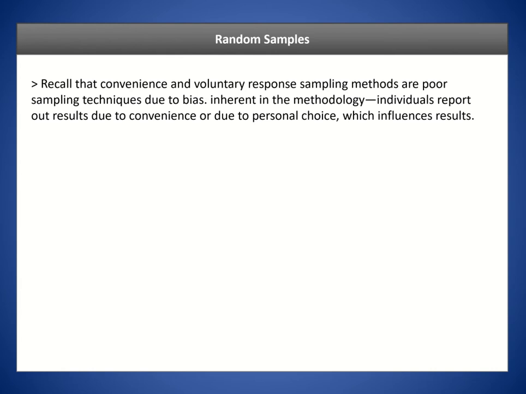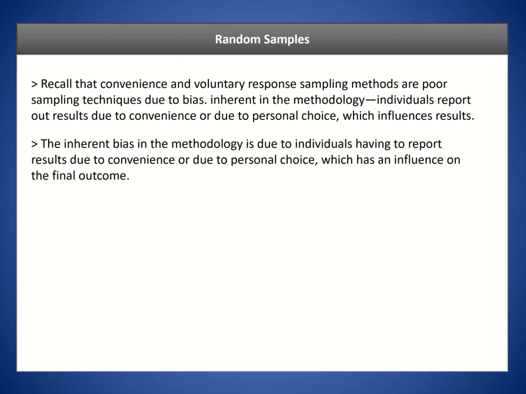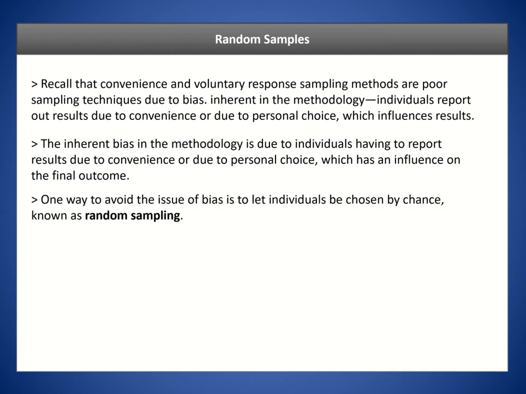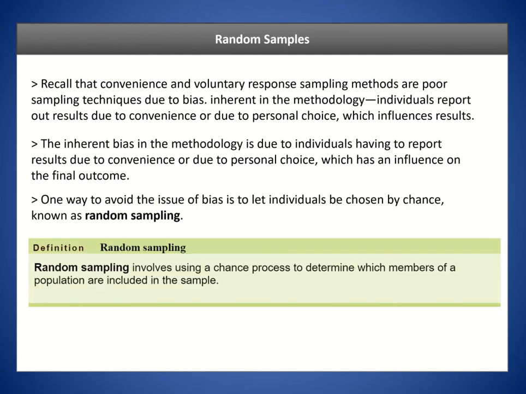Okay, so because there's this bias, what we want to do is randomize. To avoid it, we do something called random sampling, which means that everyone has an equal chance of being selected in the process. So easy ways to do this, right?